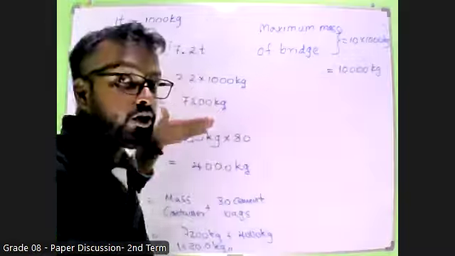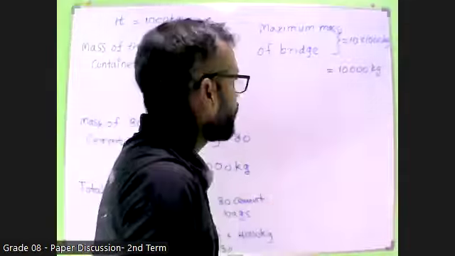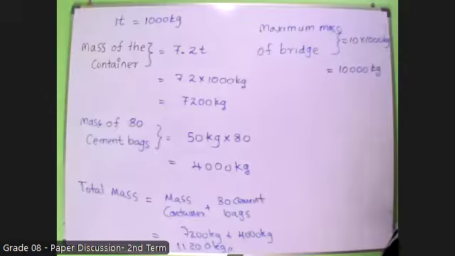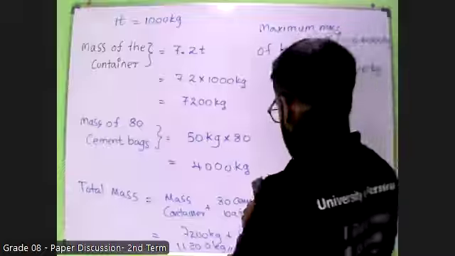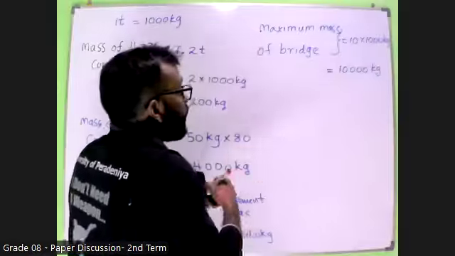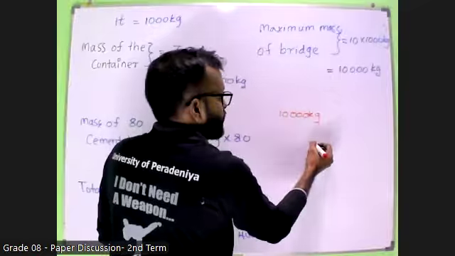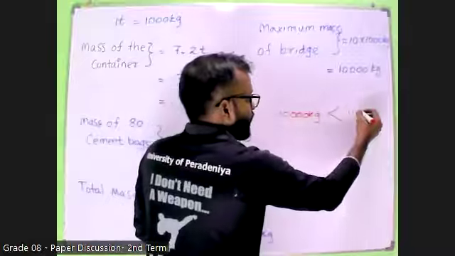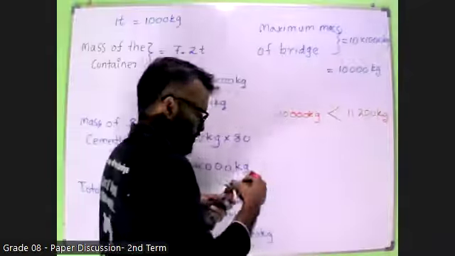If this container crosses the bridge, it will collapse. So you can write down your answer. Finally, 10,000 kilograms is less than 11,200 kilograms.